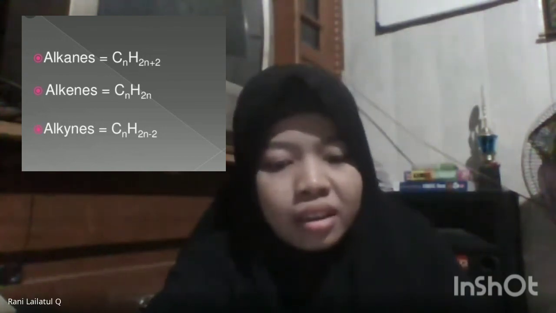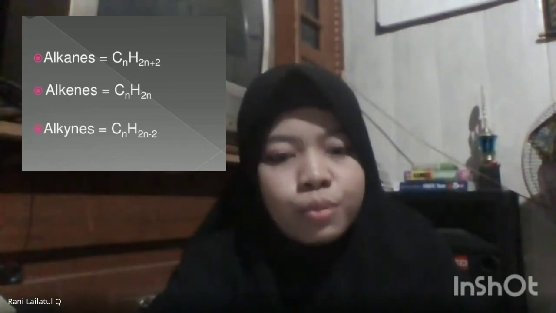Alkyne is CnH2n-2. Right. An easy way to remember going from single, double, and triple bonds is to notice that alkane, alkene, and alkyne are in alphabetical order.